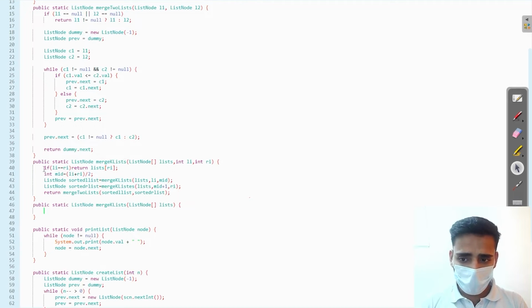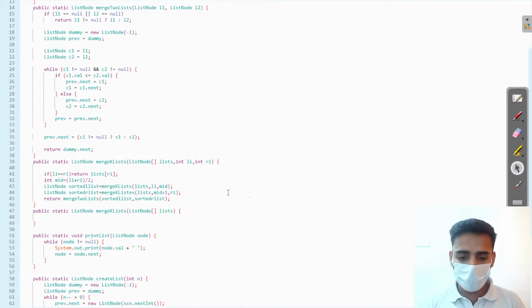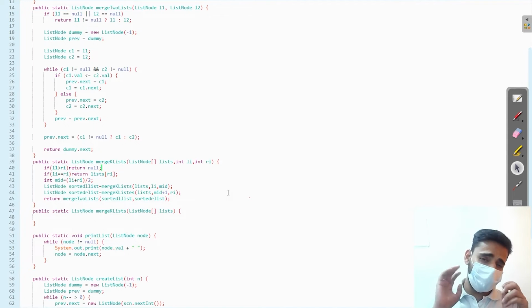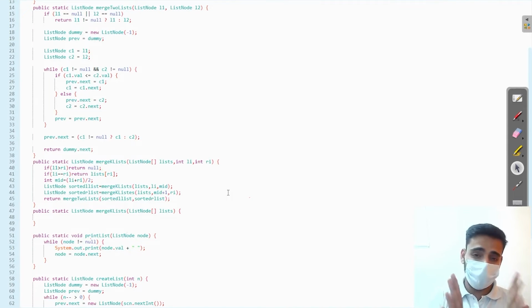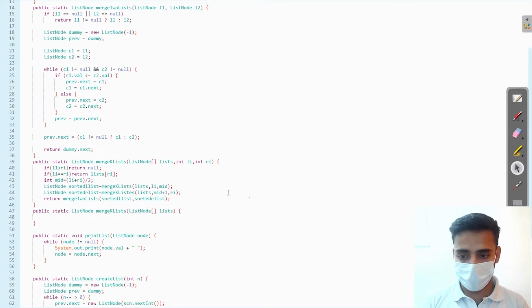Before that we have to take care of one more condition. If li is greater than ri, we have to do nothing, we just return null. If the left index is greater than the right index, it means it crossed the right index, so we just return null from that point.